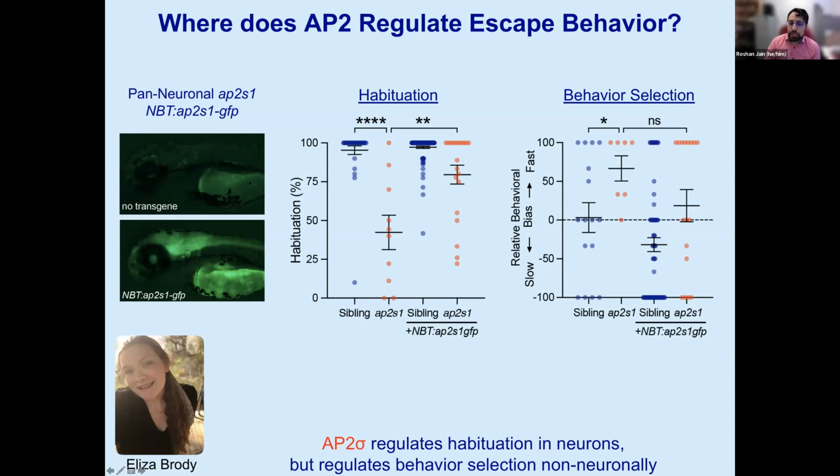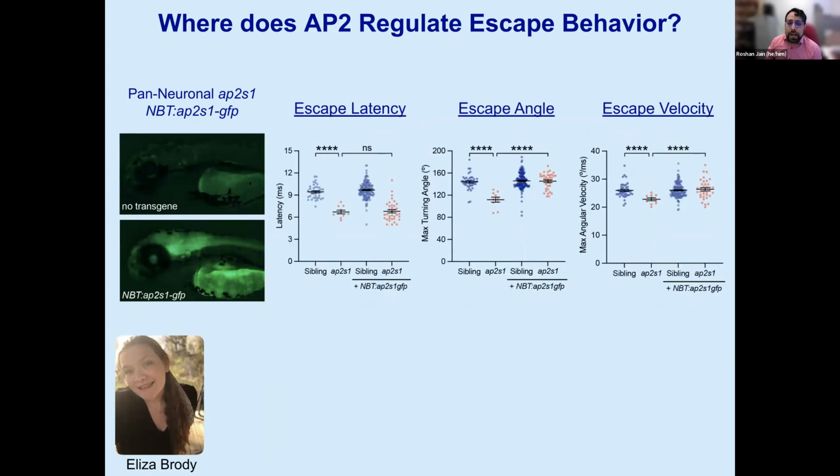So then when we look at the kinematic performance of acoustic behavior, we found another dissociation. When we look at the latency of their responses, we find no rescue of that by expressing it in the nervous system. Whereas some of these other behavioral features, so the turning angle and the escape velocity, are significantly rescued back to normal levels just by expressing this AP2S1 in the nervous system.